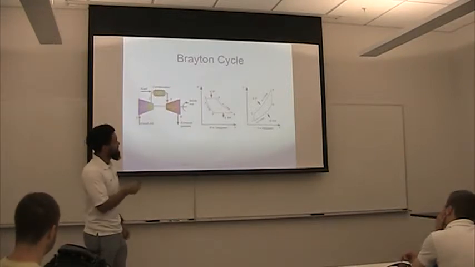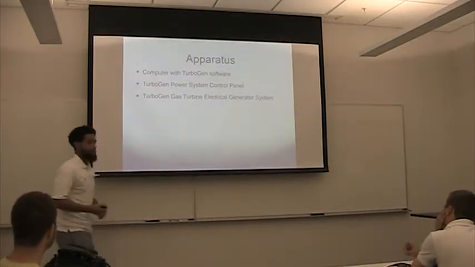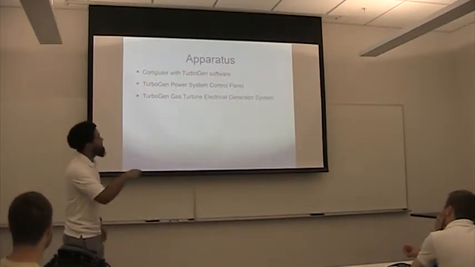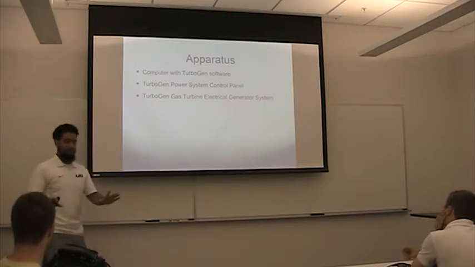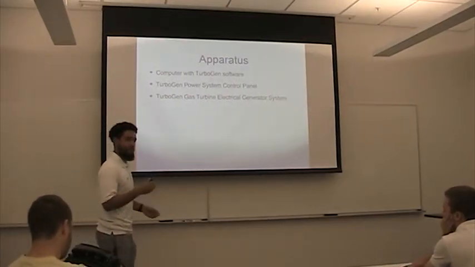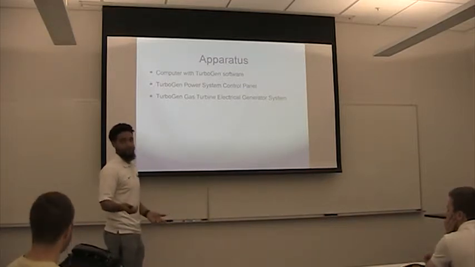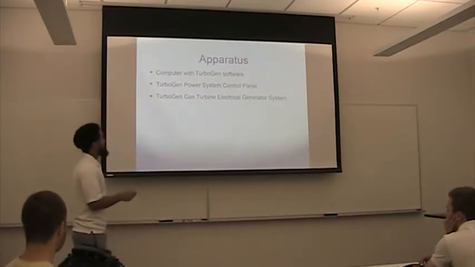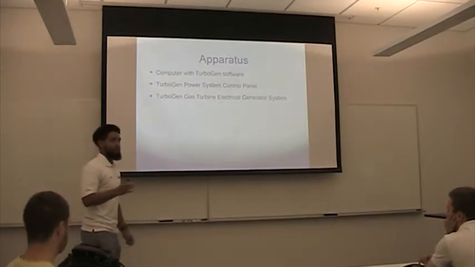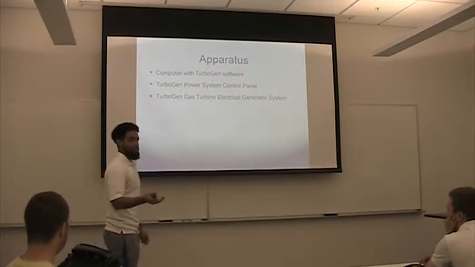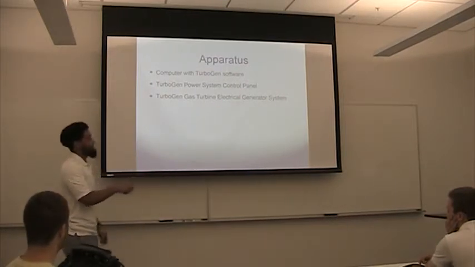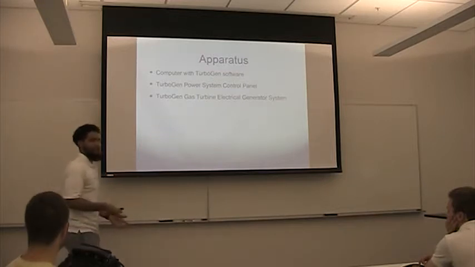Some of the apparatus, some of the software that we'll be using includes the computer with the TurboGen software. So when we go out there, we'll see a computer that'll be hooked up to the generator that'll show us some of the data that we will use to see the system calculations, the performance calculations. We'll see the control panel, which has different gauges and whatnot that we'll be able to read for ourselves. The turbo gas electrical generation system itself is actually quite small.